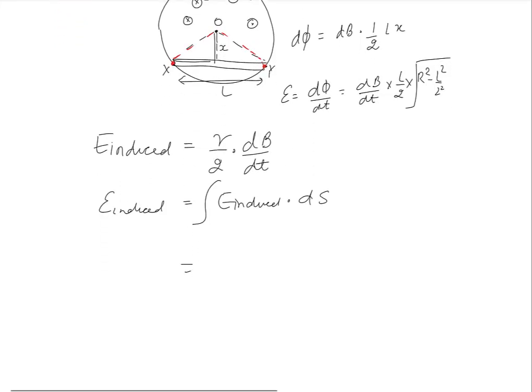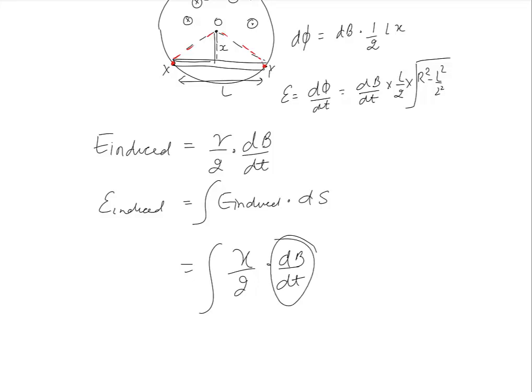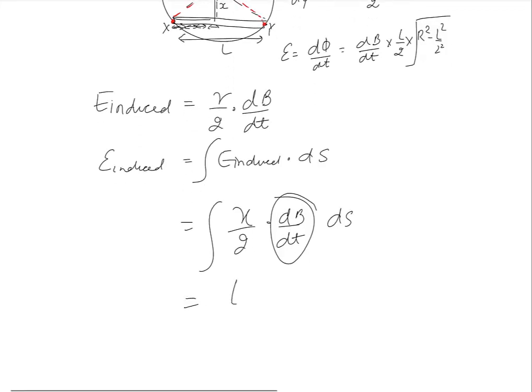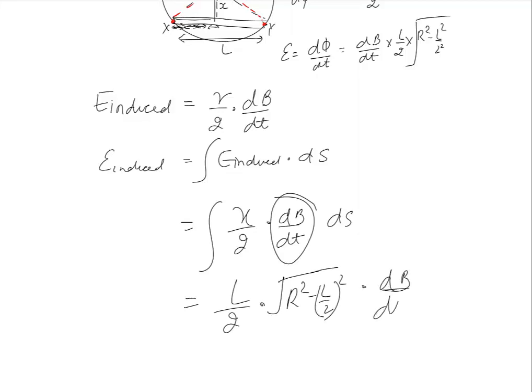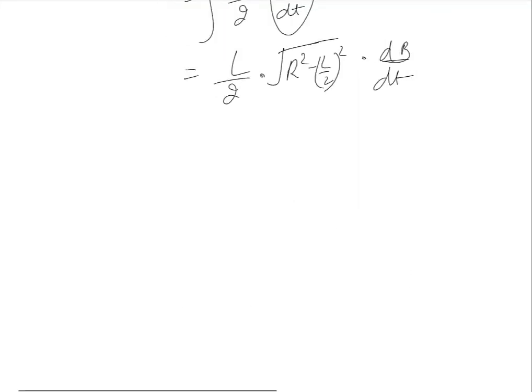So if you put this over here, it is x by 2 into dB by dt, and as dB by dt is constant, it's just integration of ds, and integration of all the ds is the length L. So this comes out to be L over 2 into under root of r square minus L by 2 whole squared, into dB over dt. That is option number A.